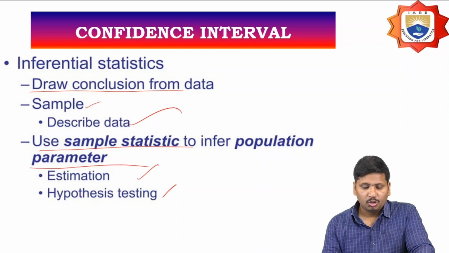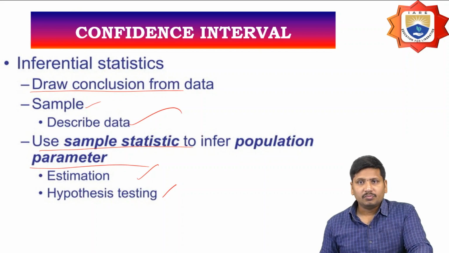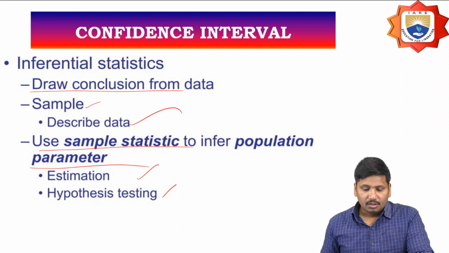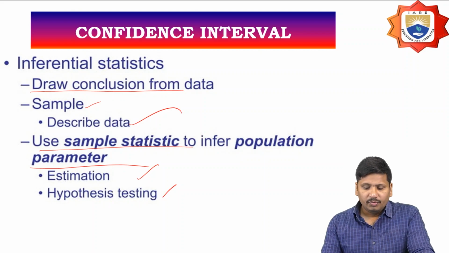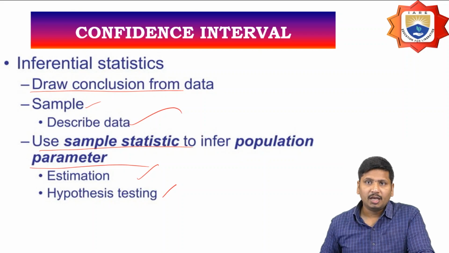So by making use of inferential statistics, you have to draw the conclusion from the data, and we can use some of the sample statistics to infer the population parameter through estimation and then hypothesis testing.